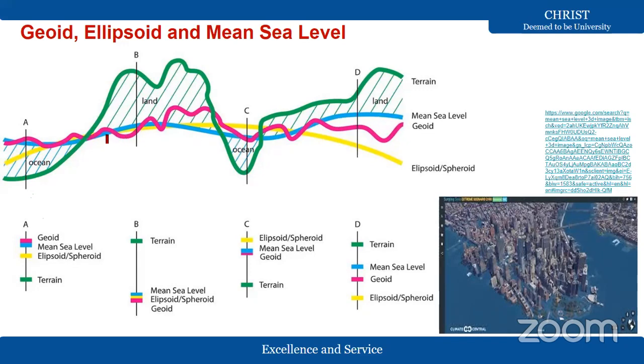Then you have the ellipsoid, which is the perfect mathematical shape of the Earth's surface. The geoid will have irregularities, but the ellipsoid will be completely elliptical. We use the mathematical formula related to the ellipse for the ellipsoid. So here we have local definitions as well as global definitions for ellipsoids and spheroids.